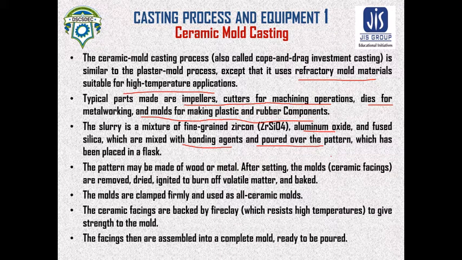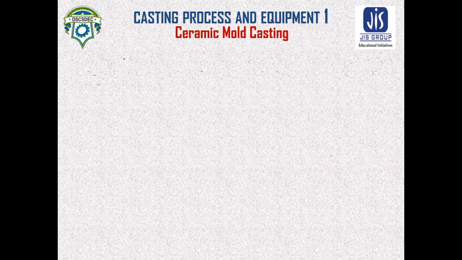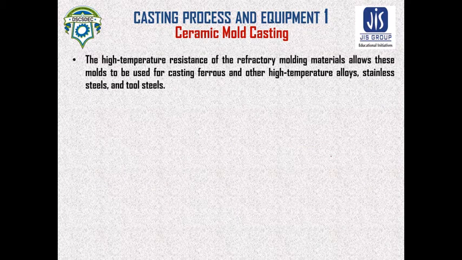The facings are then assembled to complete the mold ready to be poured. So it has high temperature resistance. Due to the high temperature resistance of the refractory molding material, this mold can be used for casting ferrous and other high temperature alloys, stainless steel and other tool steel.